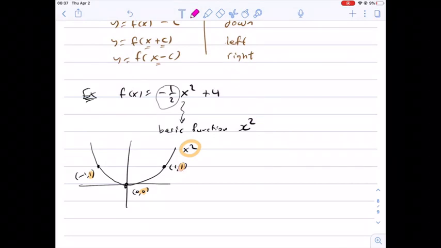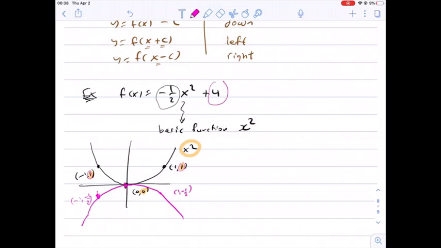So if we multiply this by negative 1/2, we get 1 negative 1/2, and 0 0. We multiply this by negative 1/2 and get this point here, negative 1 negative 1/2. If we graph this function, we get this graph. So it's reflection about the x-axis.